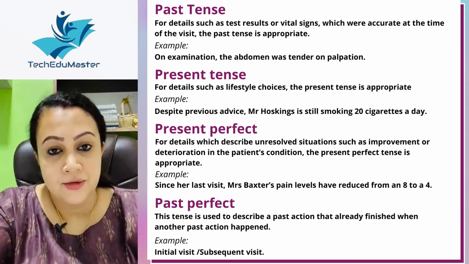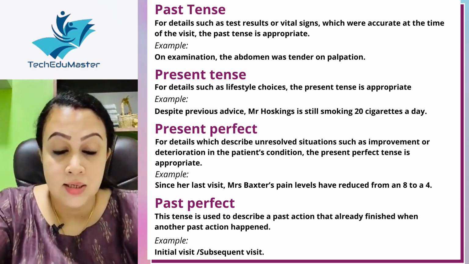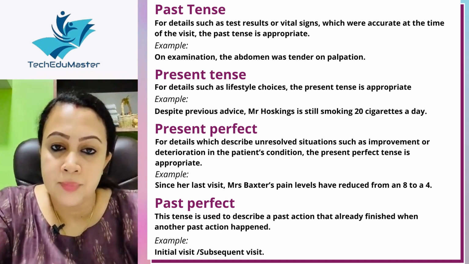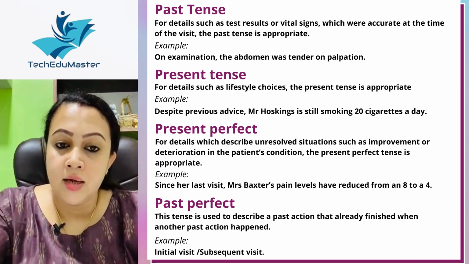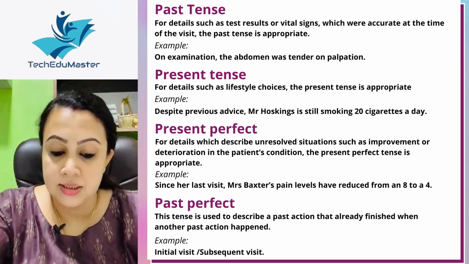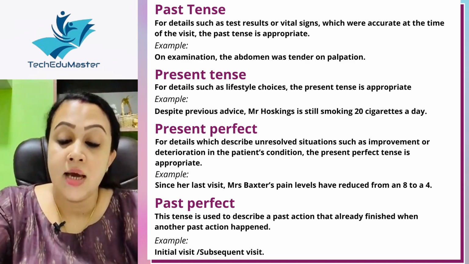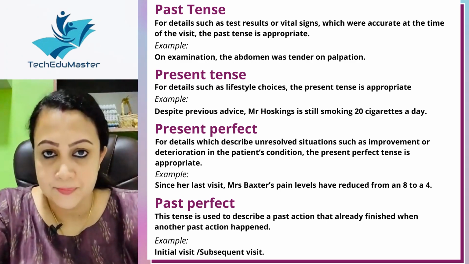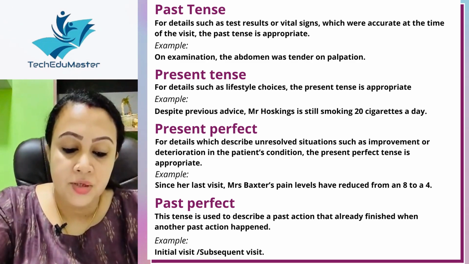Then comes the present perfect passive form: has or have plus been plus the past participle of the verb. In the passive, you can say that Mr. X has been treated in this hospital for the past 3 years. These are the 3 types of present perfect tense.